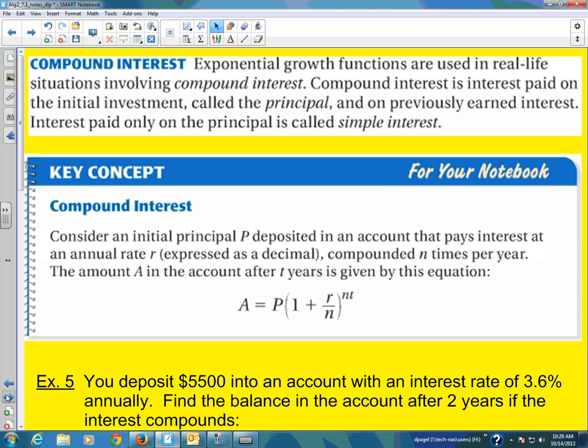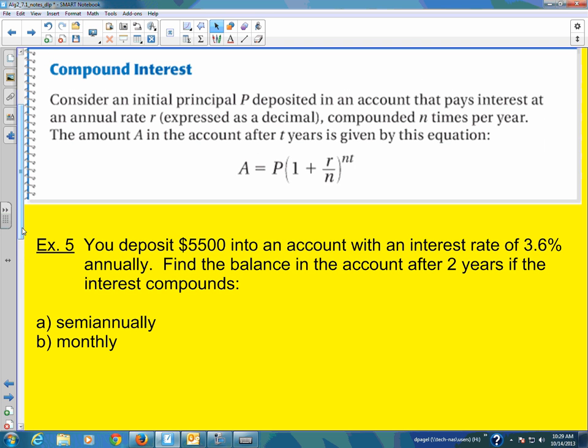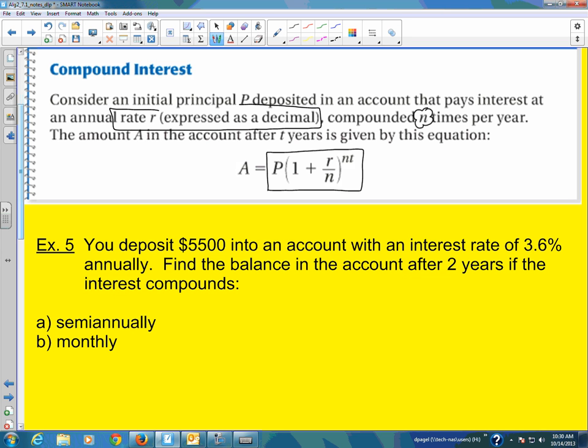All right, compounding interest. This is how many times a year we are going to compound. That's what n represents. And we get a new equation. Again, what's my R? My R is my rate, expressed as a decimal. N is how many times a year you compound.